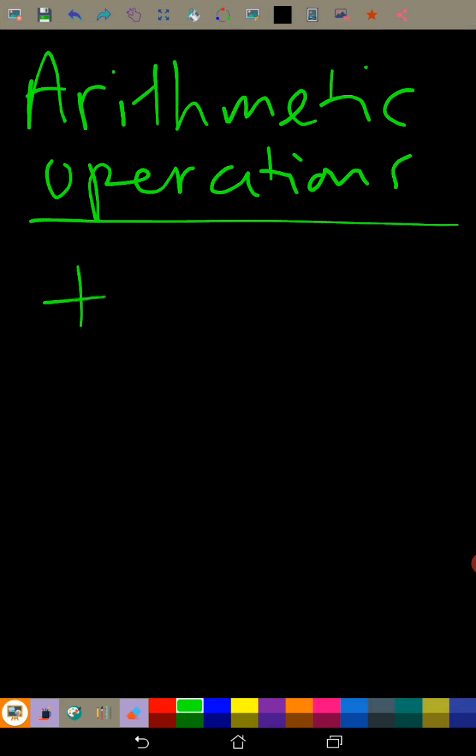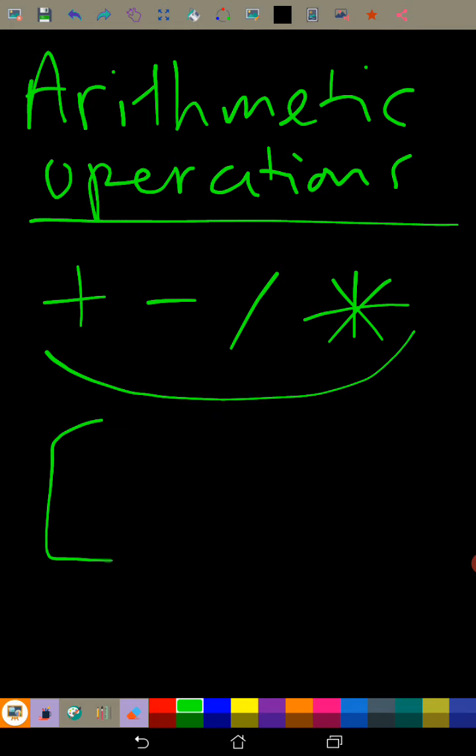Of course, the plus, minus, so addition, subtraction, division, multiplication, and so on. So we're going to use matrices, which are arrays of numbers. We should be able to do addition, subtraction, and multiplication. We don't really do division.